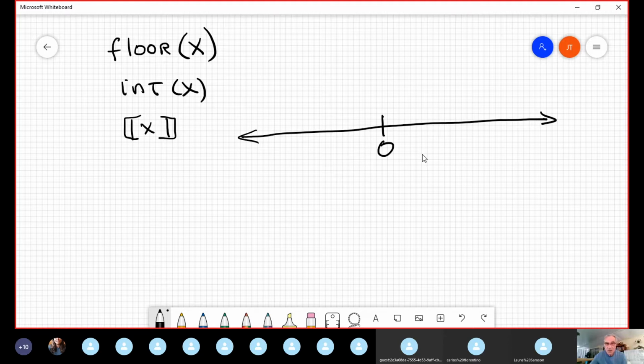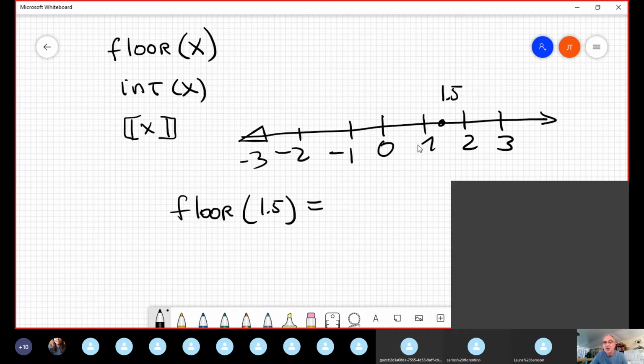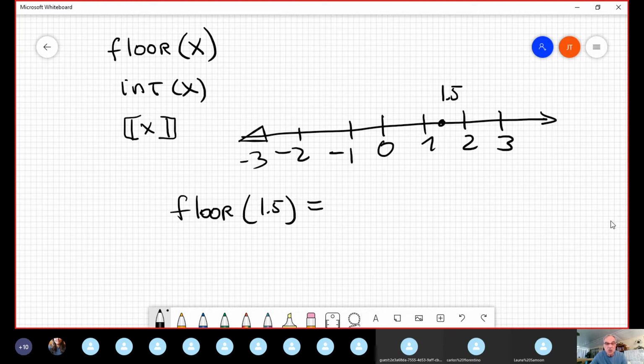The floor: 0, 1, 2, 3. This is the real number line. -1, -2, -3. Suppose I want to find here in the middle 1.5. And you could build the floor of 1.5. The answer of this is only an integer.